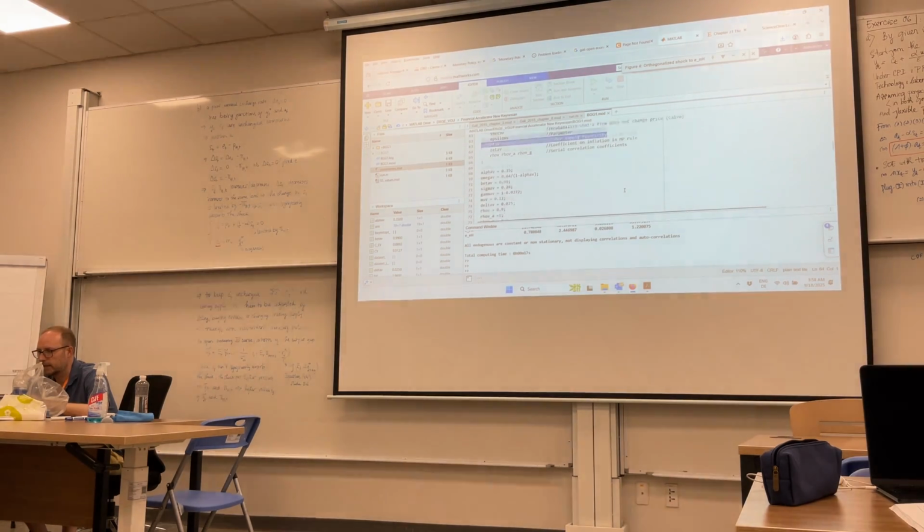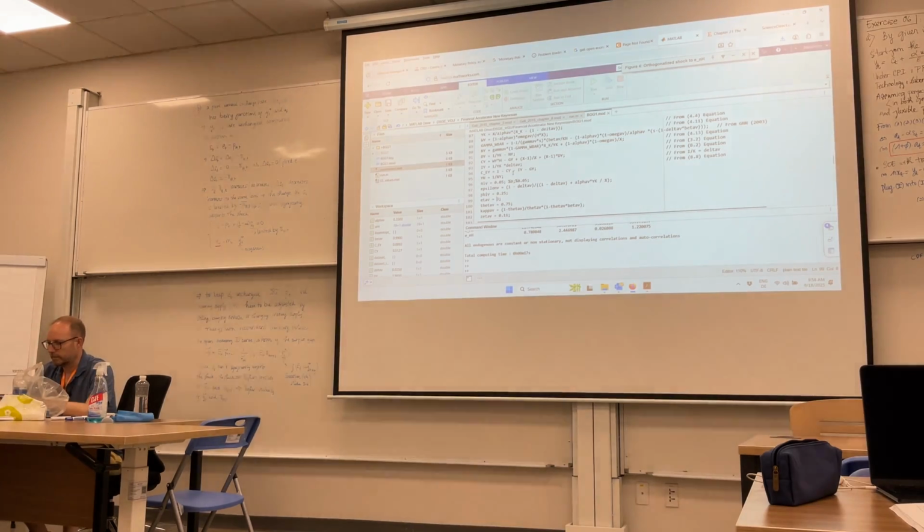Let's change the elasticity of labor supply by our households. Let's set this to a smaller number.